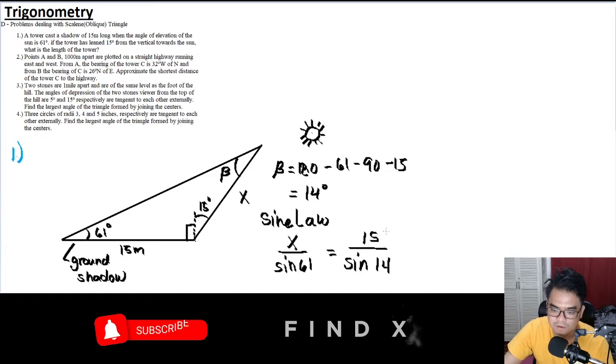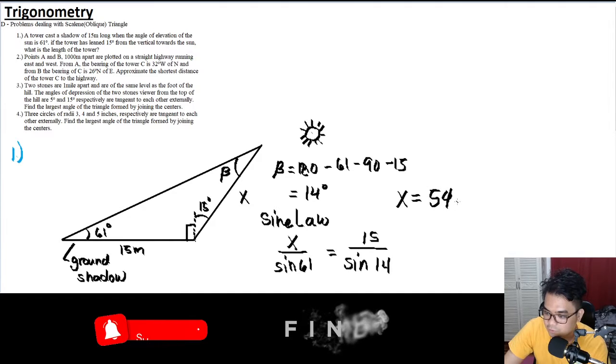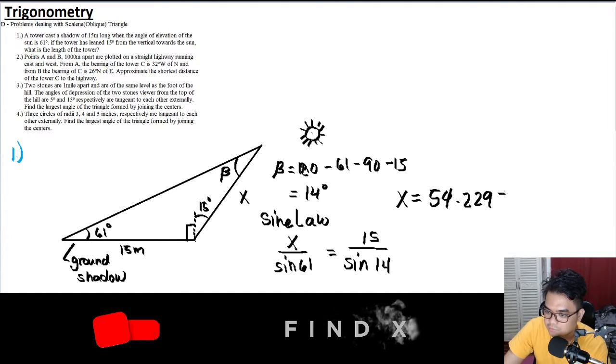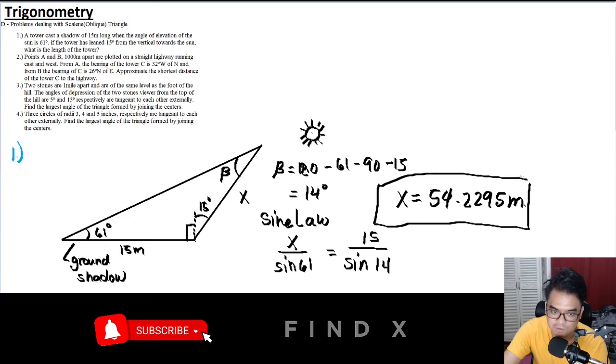Then all you have to do is compute for x, and the value of x will be 54.2295 meters. So this will be your answer.